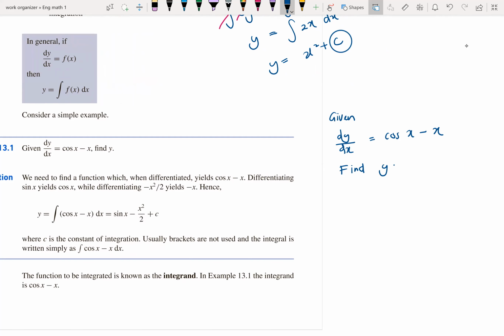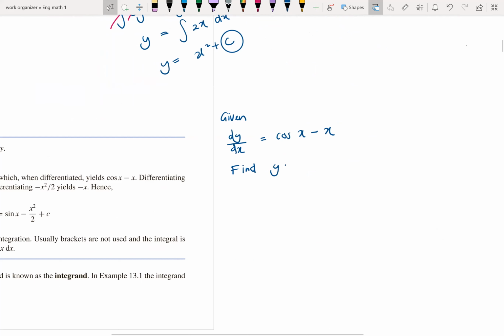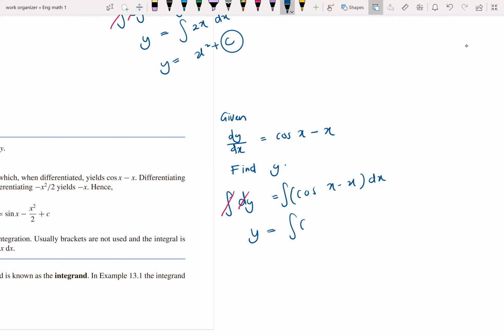So we have to do some integration. Just transfer cos x minus x dx to the other side. You can put some brackets and then the symbol of integration. This one cancels out, so what is left is y equal to the integral of (cos x minus x) dx.